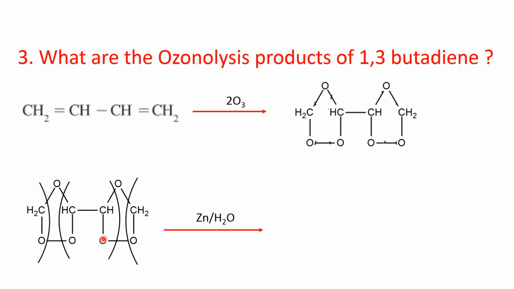So this hydrolysis produces 2 molecules of formaldehyde and 1 molecule of glyoxal, which is the simplest dialdehyde. And this formaldehyde, we know that a 40% solution of formaldehyde is formalin, which is used as a disinfectant and preservative.